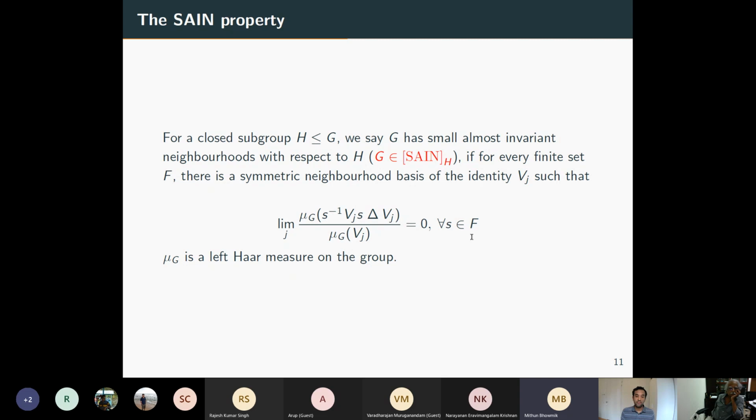It's almost invariant if, as you shrink the size of your neighborhood, in the limit, it's not moved around that much. So saying that this measure is 0 is equivalent to saying that the measure of S inverse V S is approximately equal to the measure of V in the limit.